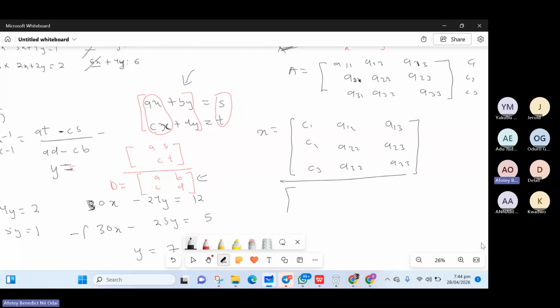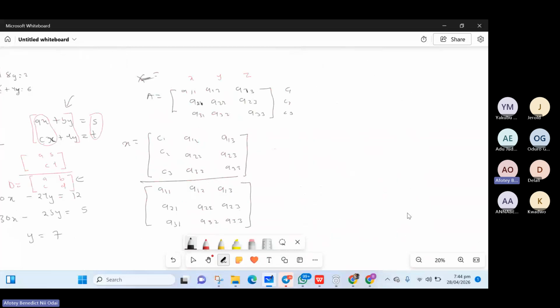So we also get this over the determinant of A11, A12, A13, A21, A22, A23, A31, A32, and finally A33. So all we've done is just the formula for finding x.